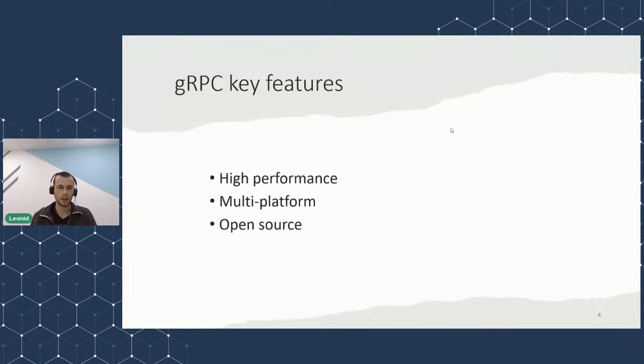It's really easy with gRPC to integrate applications which are built with different platforms, such as, of course, Java, .NET, C++, Go, and so on and so on. And as I have already said, it's an open source product. So if you wish, you can always fork it and make some customizations for your own needs.